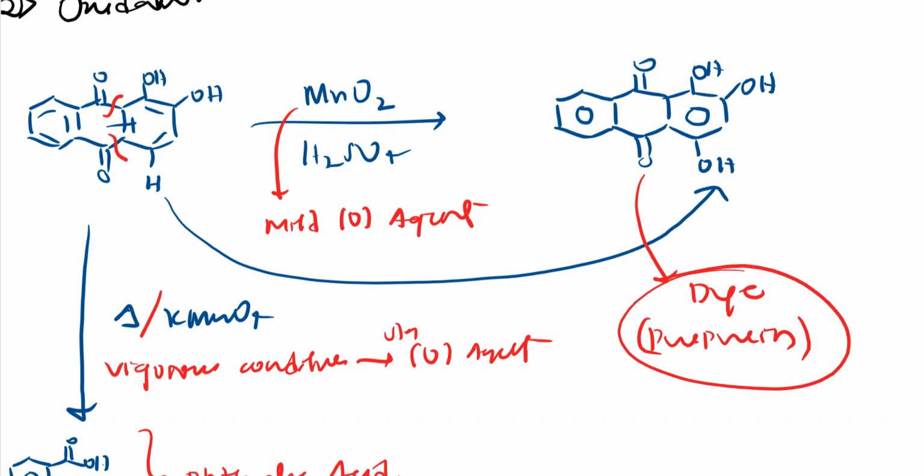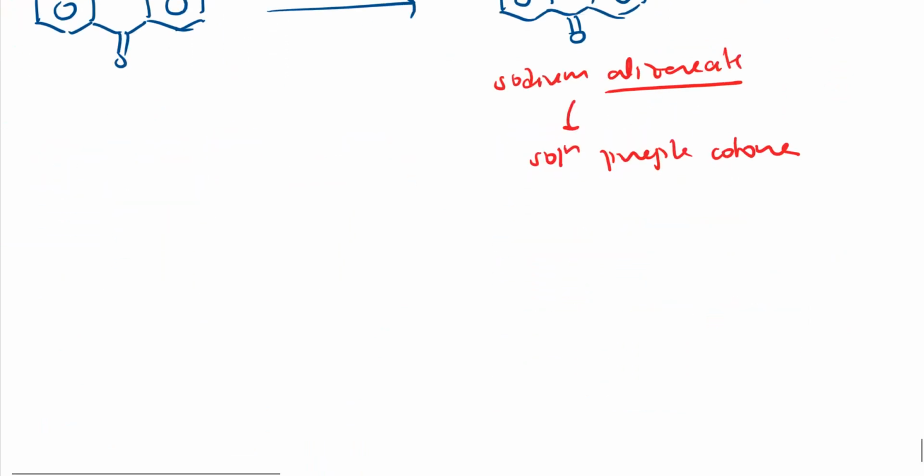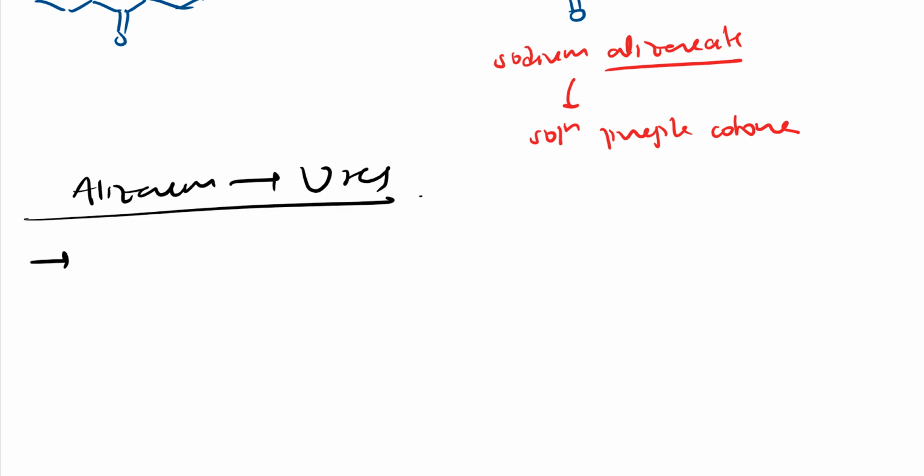So what are the things we have learnt? Uses of alizarin. First, we learnt it is a mordant dye. With different metals we'll get different colors, like that we have studied. And we have synthesized one dye, so that can be used as a printing ink.